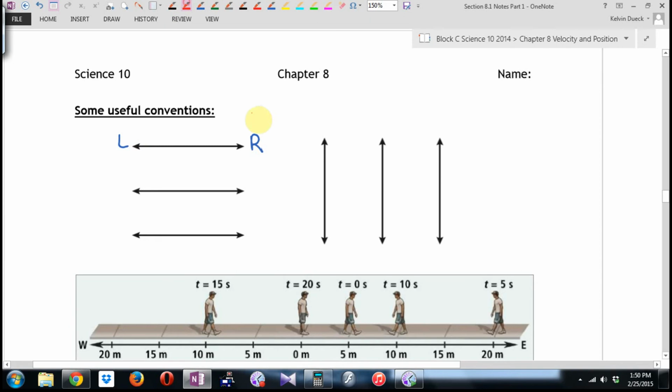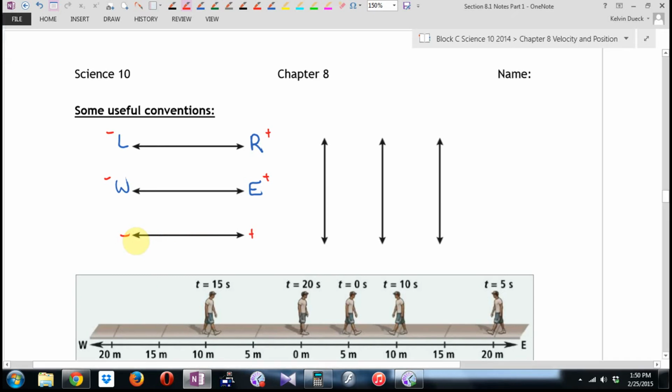Left. And I'm going to go positive, negative. Or east. What's the opposite of east? Positive, negative. In fact, usually forwards and backwards. Forwards positive, backwards negative.